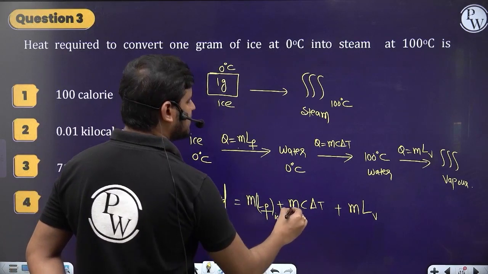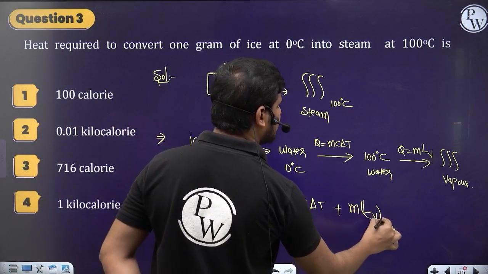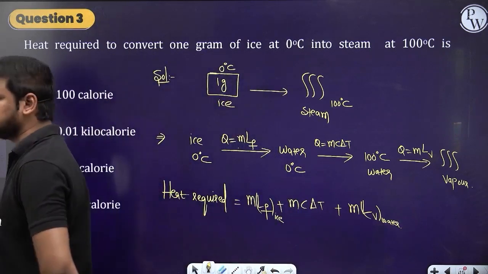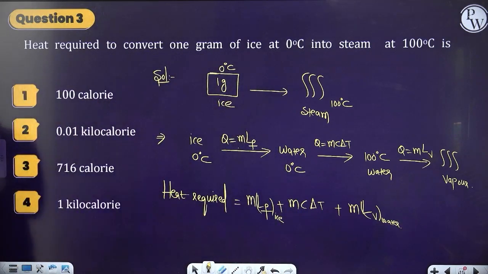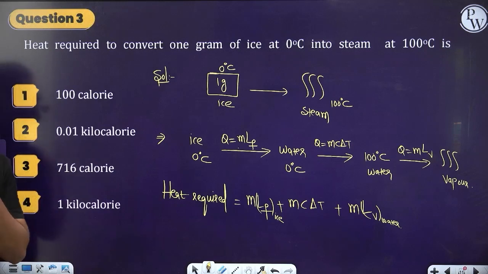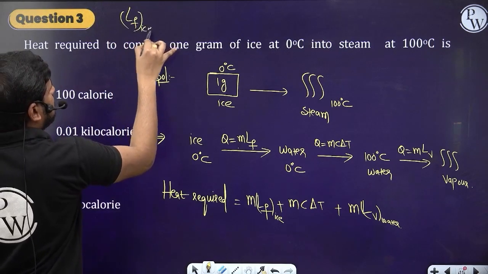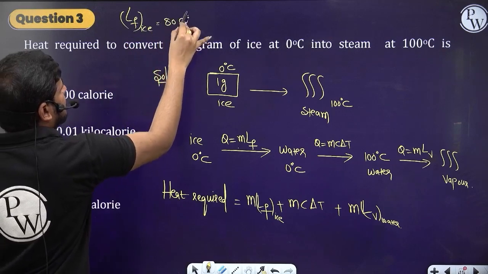And here the latent heat of vaporization is of water. Then simply substitute the values and get the answer. Latent heat of fusion of ice, take it in calories. So I'll write here 80 calorie per gram.